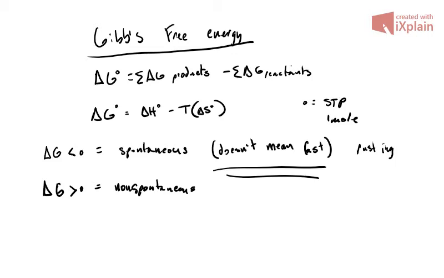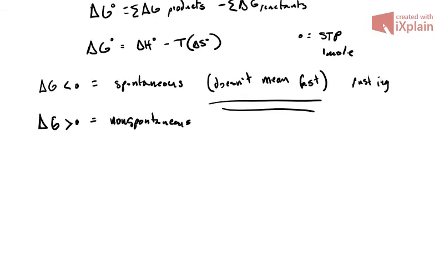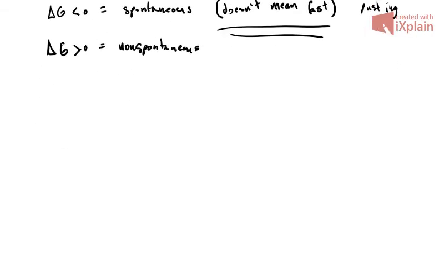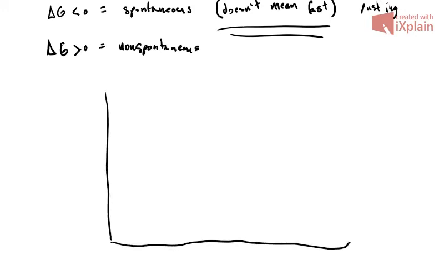So there is a very important table that we need to look at. This table will help us determine if an event is spontaneous or not.